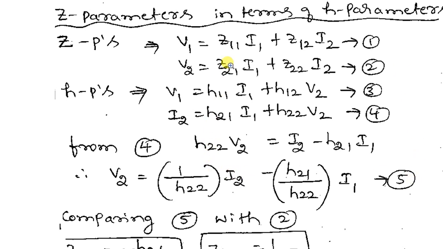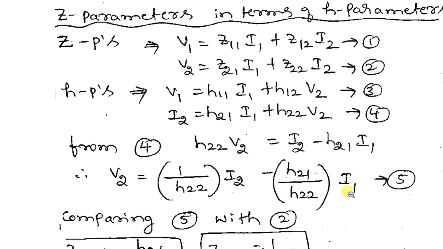Immediately you are going to get two variables. Sorry, first you have to compare the coefficient of I1, which is Z21.